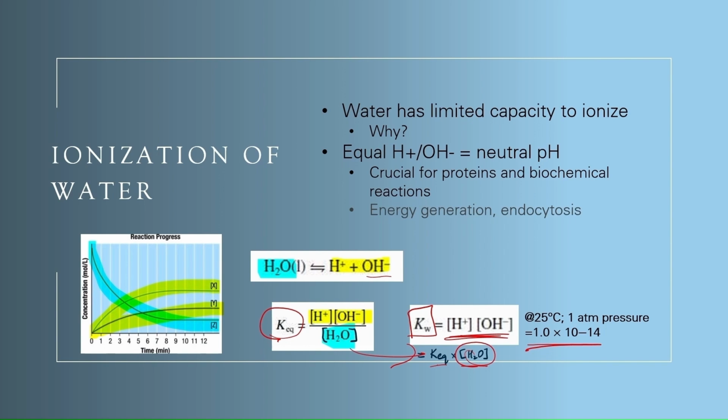Okay, so that's why we have the ion product of water, for two reasons. The concentration of water is so large that its ionization barely changes its value, so it stays somewhat constant, so we're multiplying it with the equilibrium constant. And the other reason is that it is a really large value.